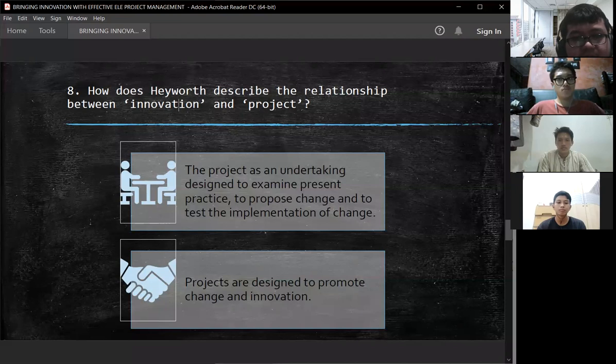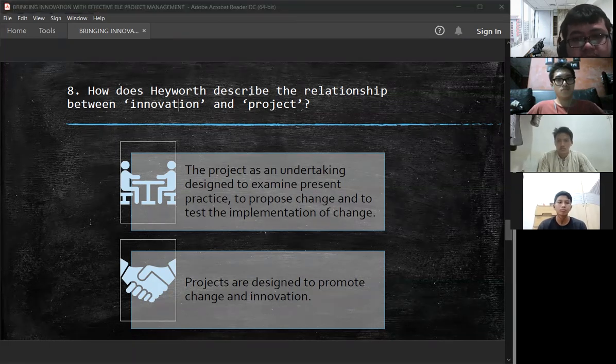Hayward described project as an undertaking designed to examine present practice, to propose change, and to test the implementation of change. With this, we can see the connection. Hayward described the connection between projects and innovation is that projects are designed to promote change and innovate.